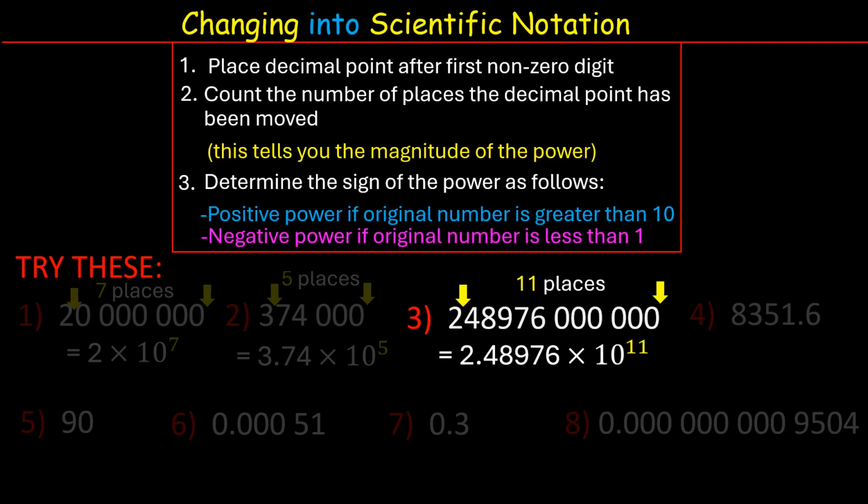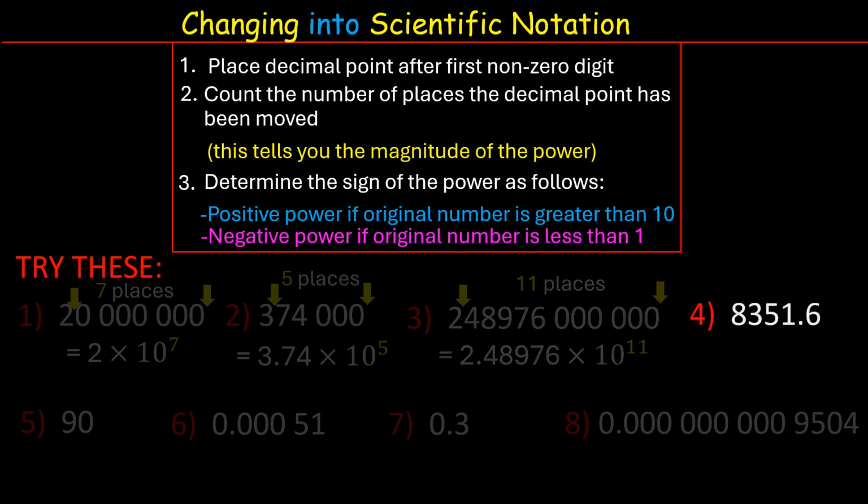In this example, our answer might be too precise, and we could round to something more suitable, such as 2.5 times 10 to the power of 11.